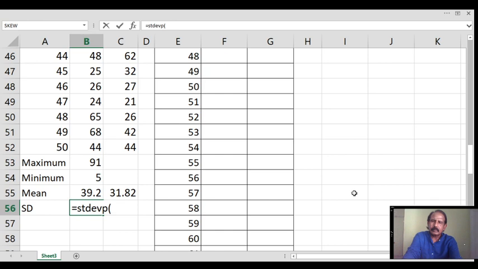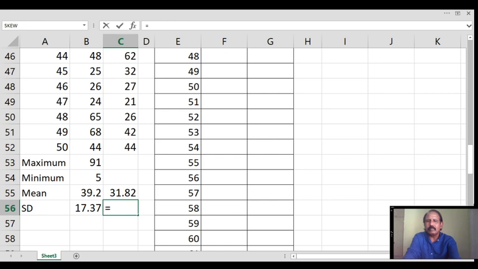Now after STDEV.P we open a bracket, and after the bracket we write the data range of male, that is B3 to B52. Now we close the bracket and press the enter key. In this way we have got the standard deviation of male.